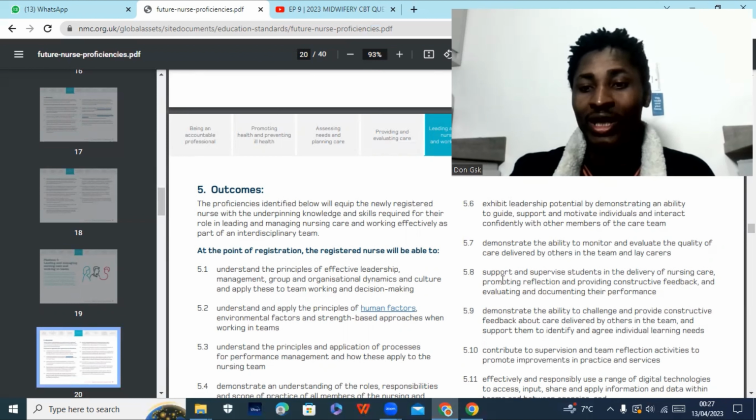When it comes to that aspect, what you need to know is you should be able to know each team member, their role. So if we talk about a nurse, a tissue viability nurse, a podiatrist, what's their role? Do you get it? Or their job description? Just read on those aspects.